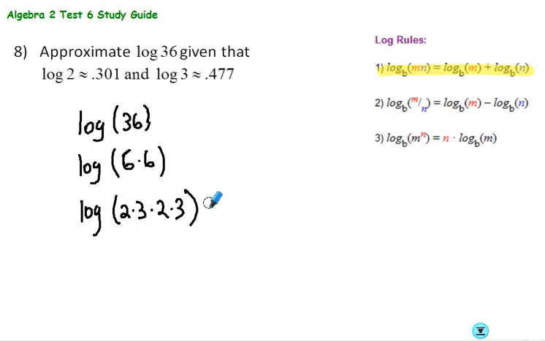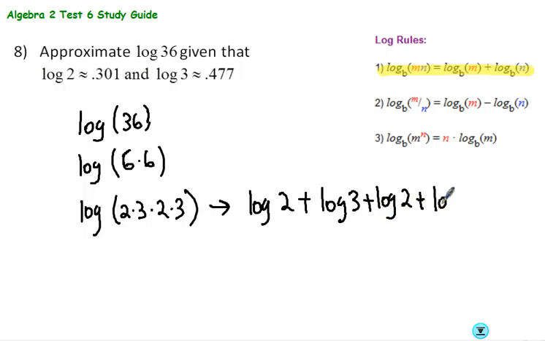So this turns into log base 10, and this is base 10 when you don't see it, log 2 plus log 3 plus log 2 plus log 3.